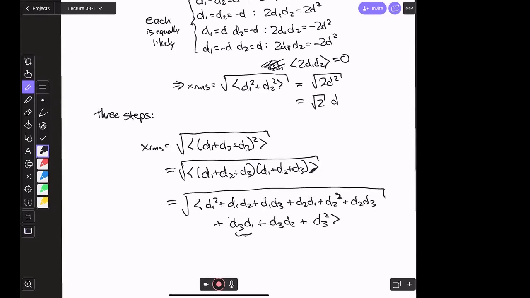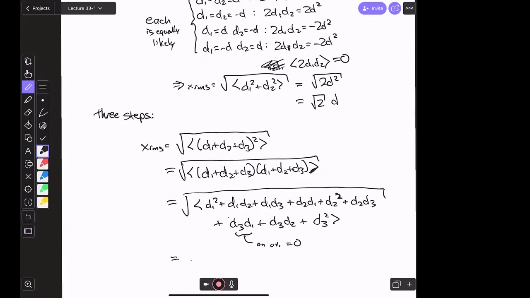Each one of these cross terms on average will be equal to 0, just like what we saw before for the D1 D2, right? So half the time D3 and D1 are going to be the same sign, half the time they'll be opposite signs. And so on average, you're going to get 0 for each one of those cross terms.